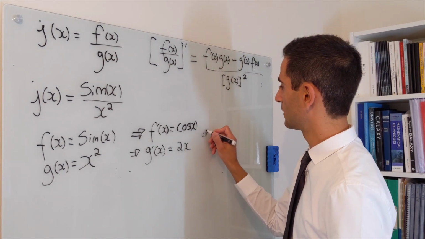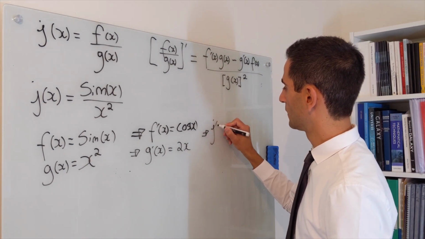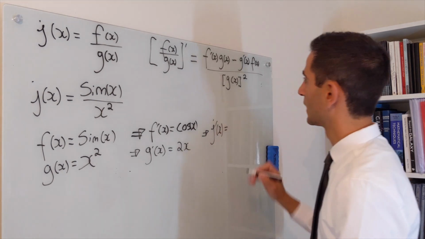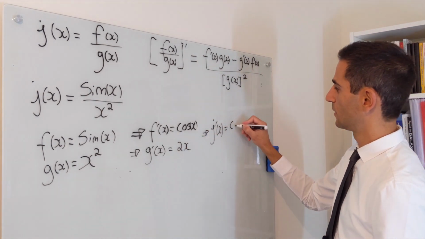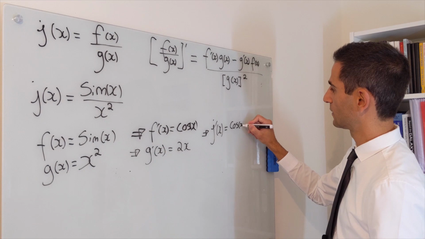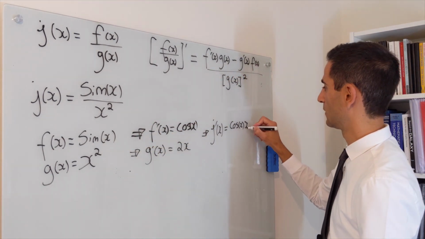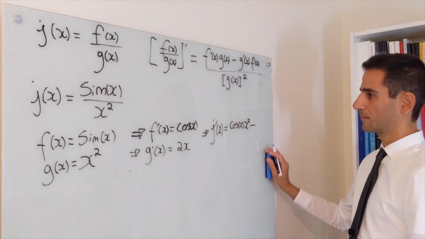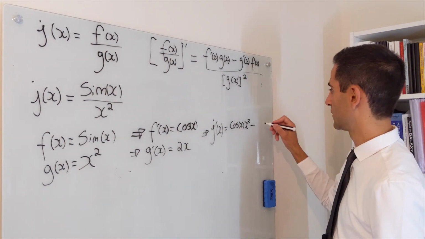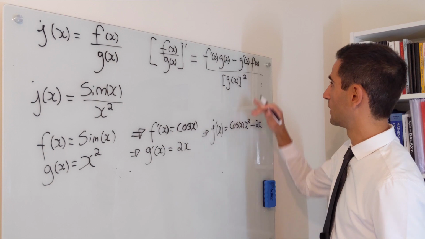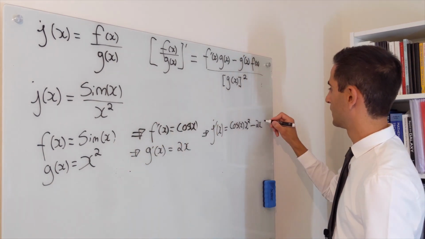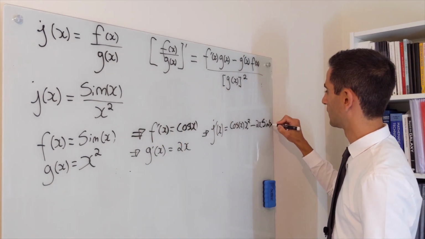This implies that the derivative of g of x is equal to cos x times g of x, which is x squared, minus the derivative of g of x, which is 2x, times f of x, which is sine x.